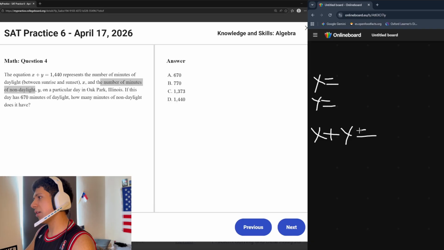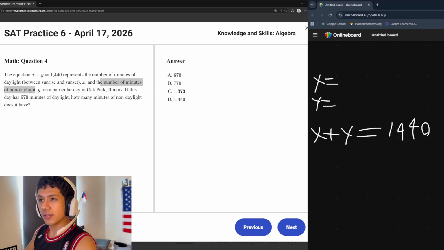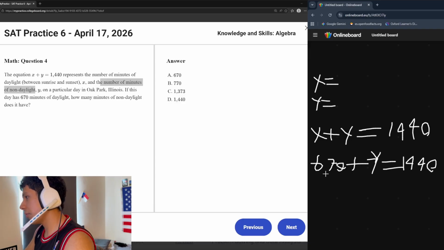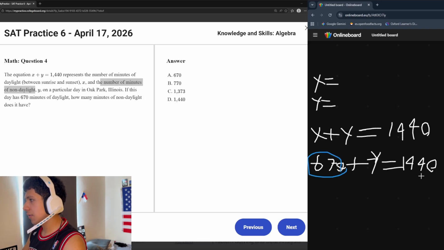So non-daylight plus daylight is 1440. We know that x is 670 minutes of daylight, so we plug 670 in for x, and x plus y is 1440. We're going to subtract the 670 from the 1440.